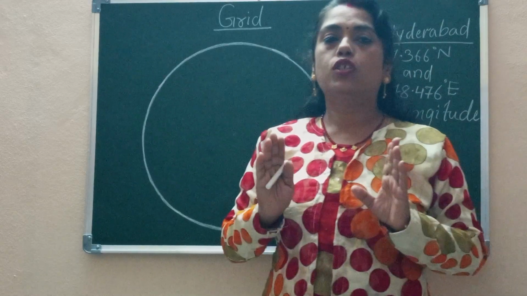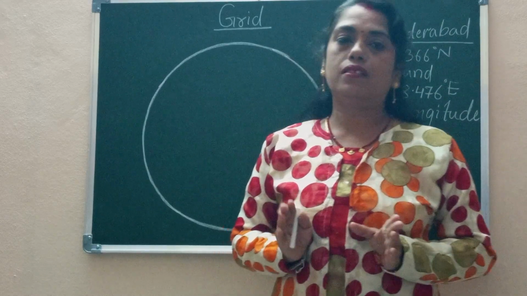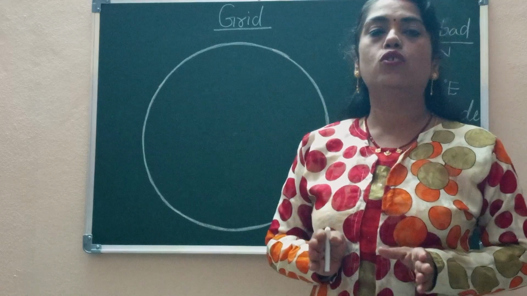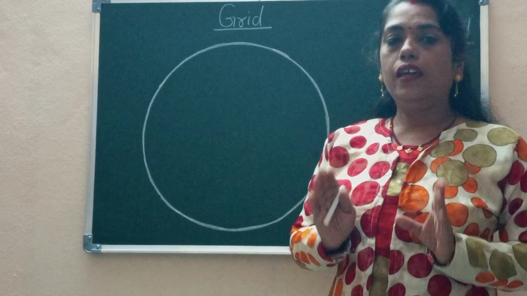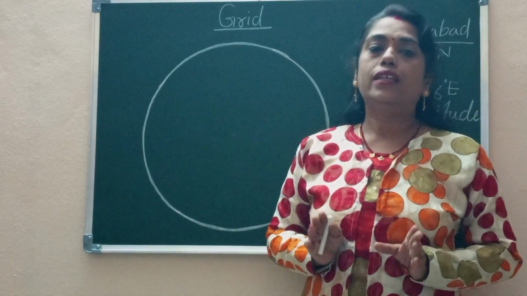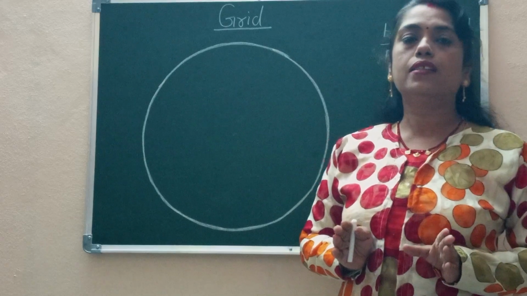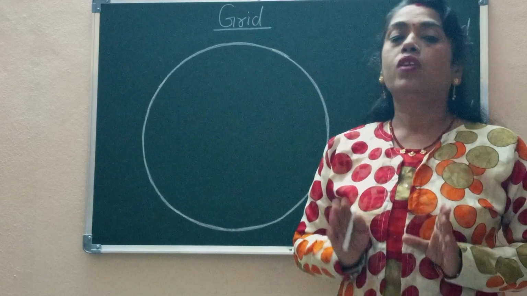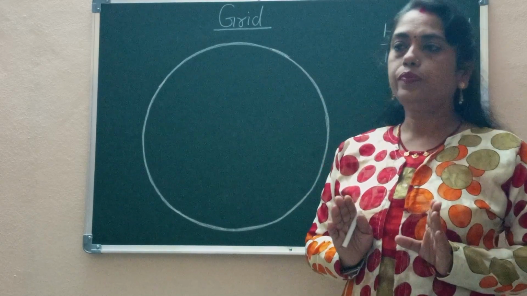In part 2 of the imaginary lines, I told you about the lines of longitude. I told you that all these lines are vertical lines joined from the North Pole to the South Pole.